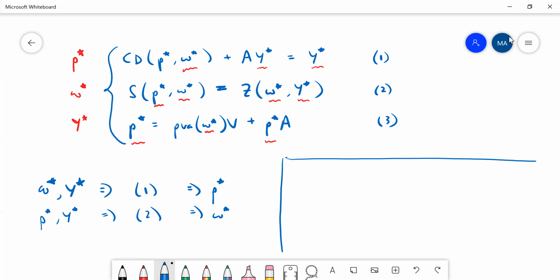So if you look at this system, how many equations do you have? How many equations are there in this system?